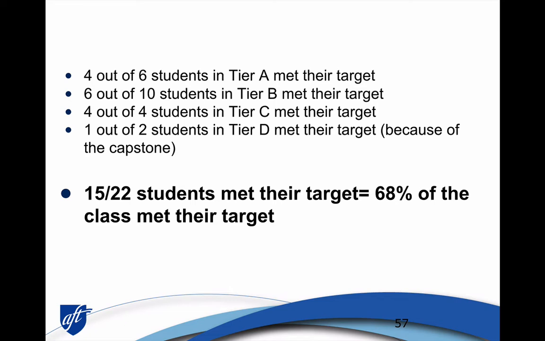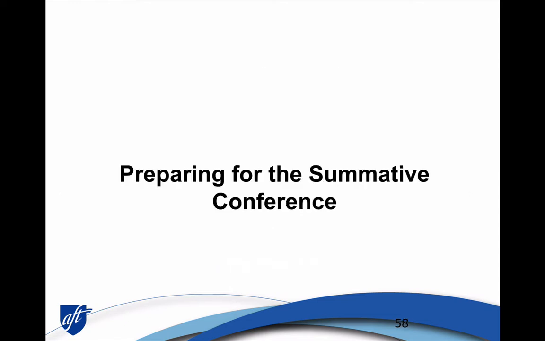The rating for this teacher for this particular student growth goal would be proficient. This is one area that you will be collecting evidence for, along with other artifacts that are specified in the Exhibit F for the professional practice side of the student growth.